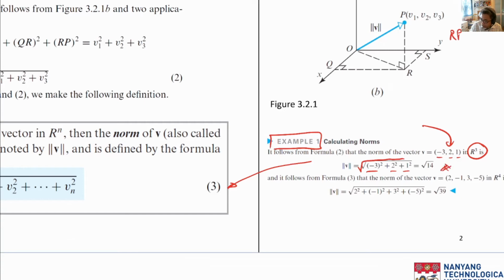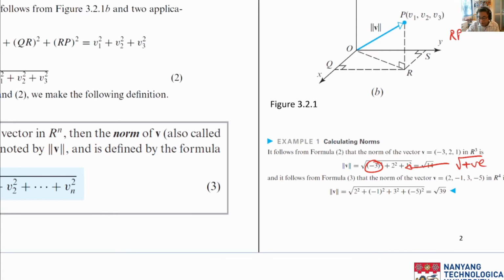And the answer is the square root of 14. What is obvious now is that even if we have negative coordinates, because they will be squared, the entries that will be summed will always be positive before the square root. Therefore, the final solution will always be a positive value and can only be 0 when all the entries are 0.